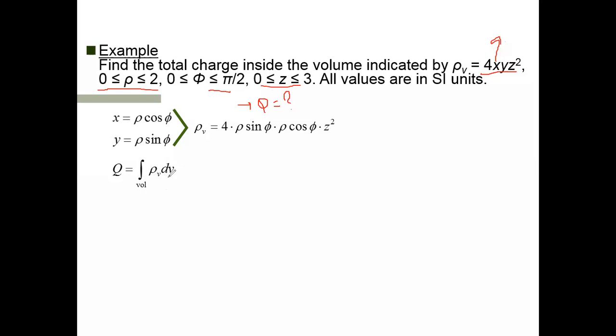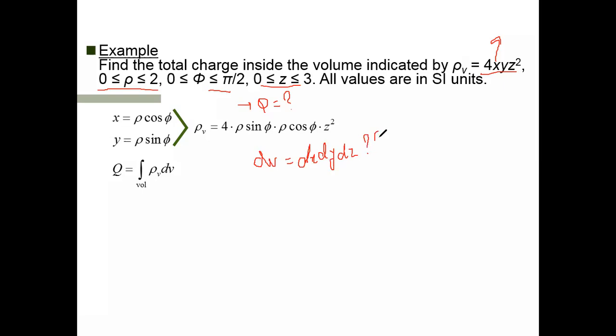Rho v is given, but how shall I take the dv? Shall I take dv as dx dy dz?